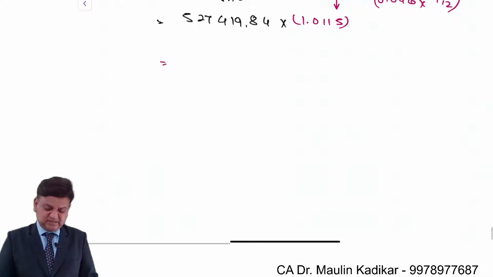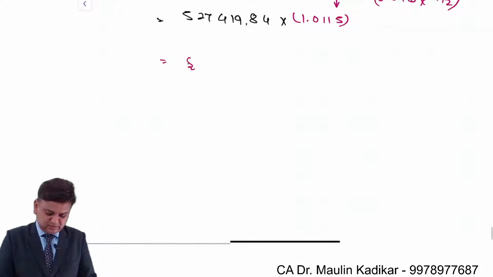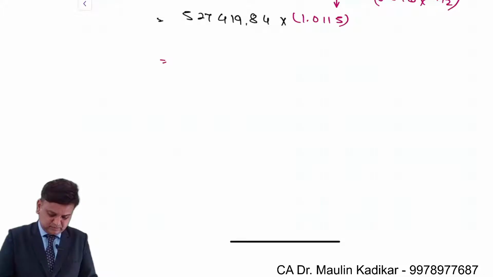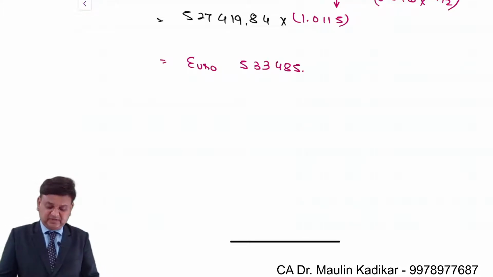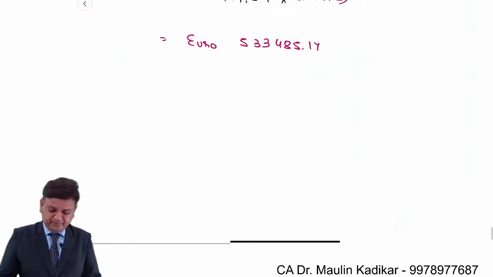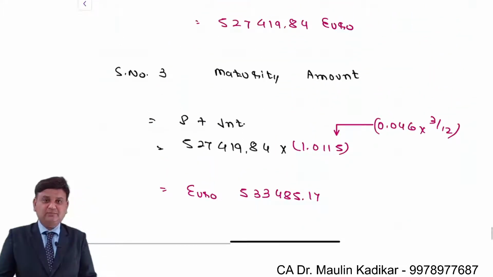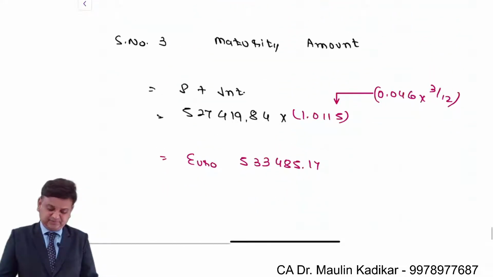So the final answer is 5,33,485.17. This is the way we can compute the maturity amount of deposit.